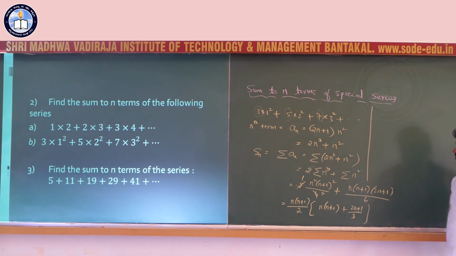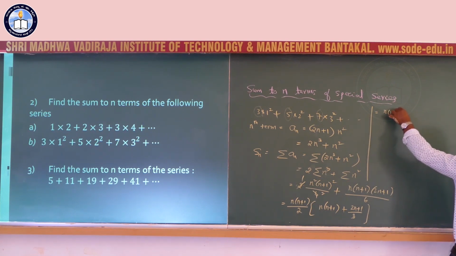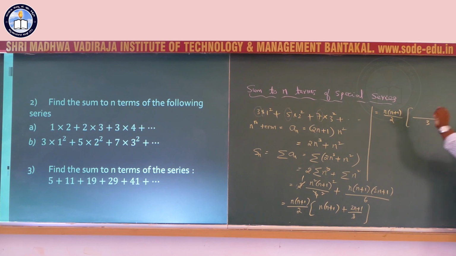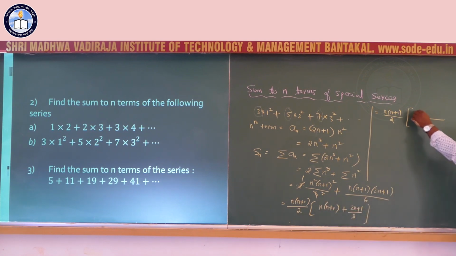That is equal to n into n plus 1 by 2. I take LCM, 3 is the common denominator, least common multiple. Here I multiplied by 3, 3n square plus 3n plus 2n plus 1.